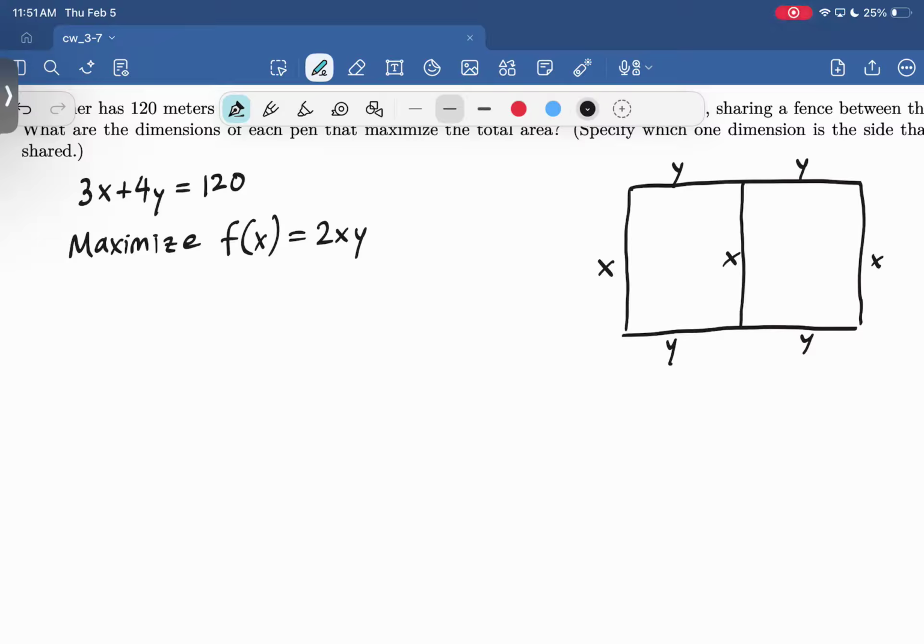Next step is to get everything into one variable, right? So let's write y in terms of x. If we write y in terms of x, we should find that y equals 30 minus 3/4 x. I'm skipping the steps because I'm lazy, but you should not do that because you might get it wrong.